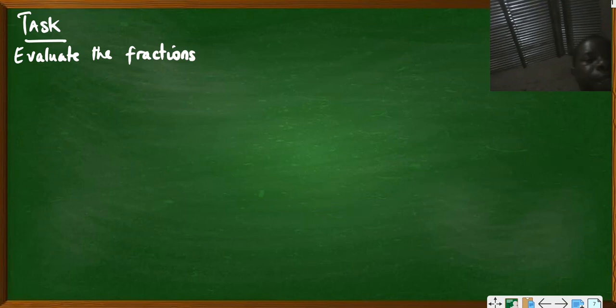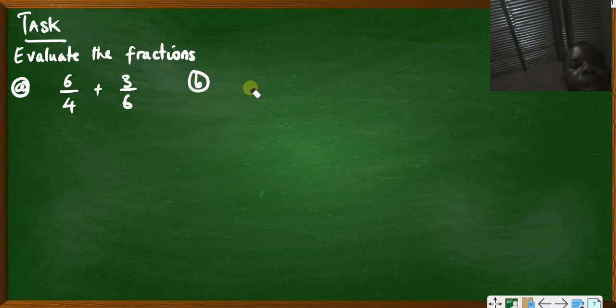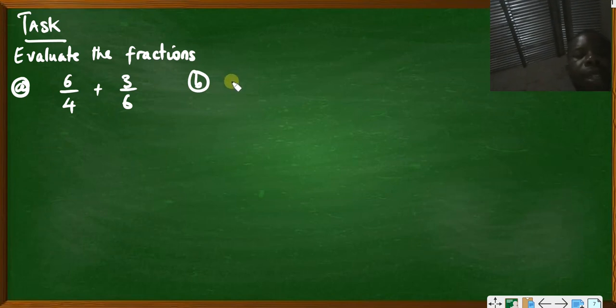So I only have 4, I think. The first one is 6 over 4, then plus 3 over 6. Then B, we have 4 over 5.